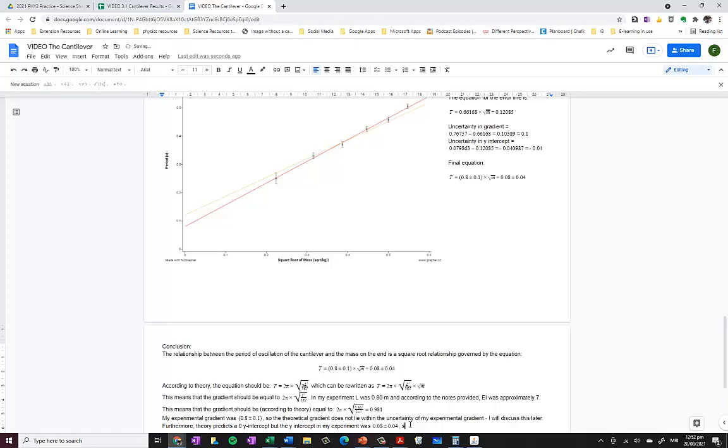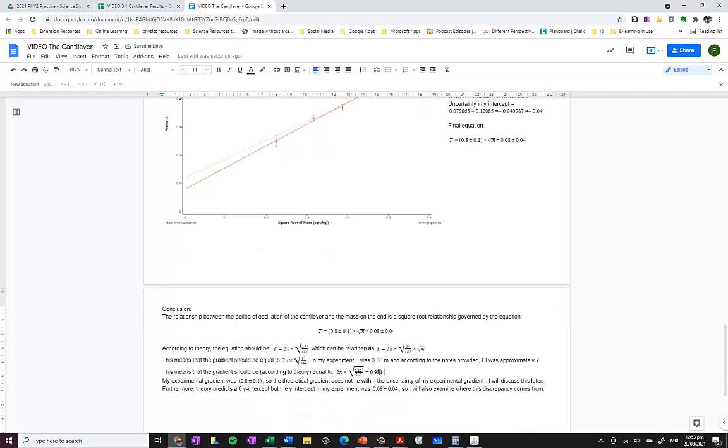So I will also examine where this discrepancy comes from. Okay, so it's important that we note that.